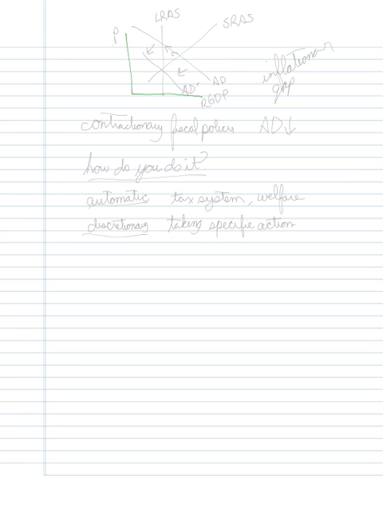Alternatively, my economy could be doing too well. And so now I would want to engage in contractionary fiscal policy, which means I want to lower my aggregate demand.